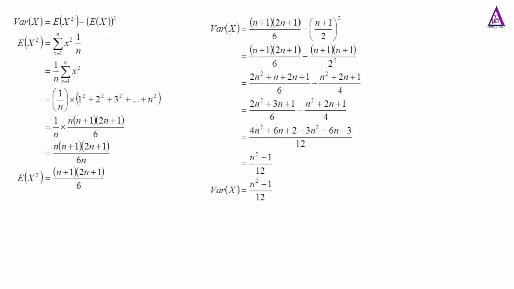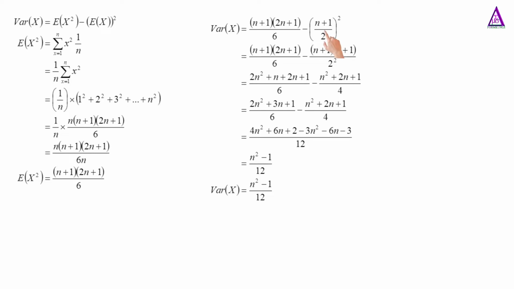substitute the value of the expected value of x squared minus the expected value of x, everything raised to the power 2, into the equation of variance. We have (n plus 1)(2n plus 1), everything divided by 6, minus ((n plus 1) divided by 2) all squared.